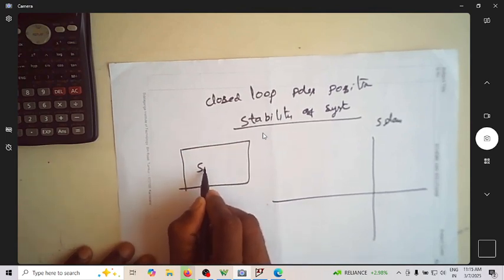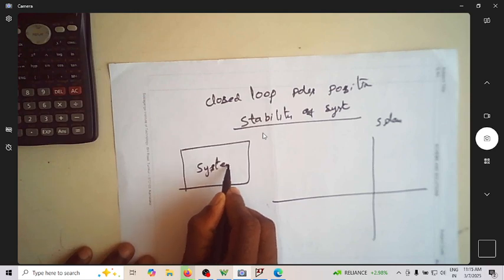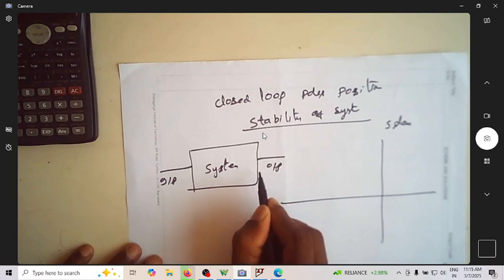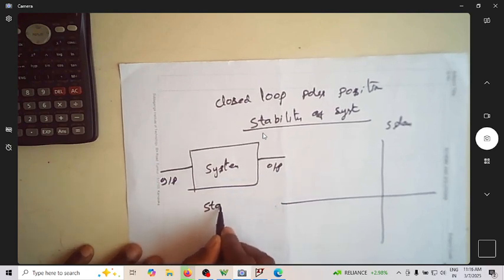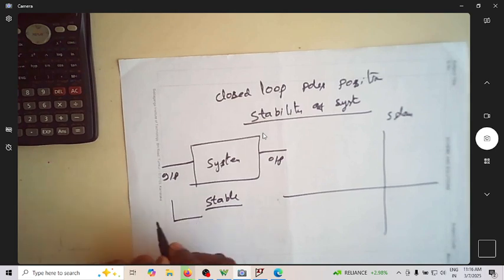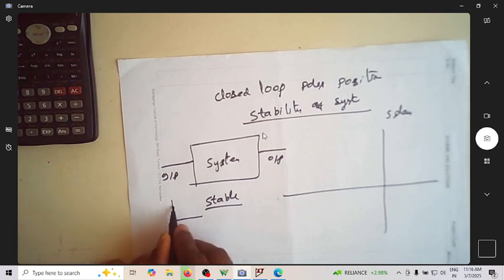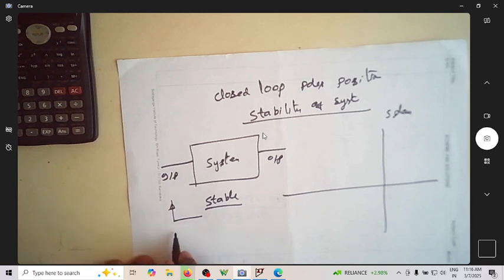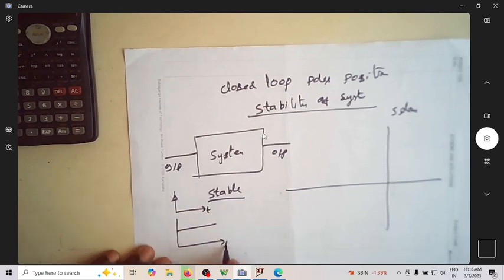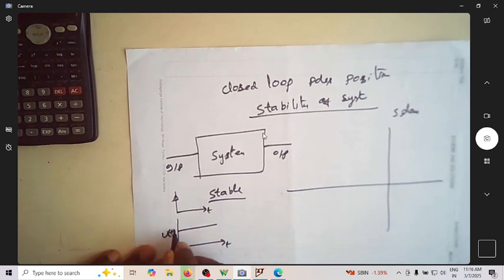So now you have a system with an input and an output. When do you say the system is stable? Maybe you have learnt in signals and systems. If you give a bounded input, a delta function is a bounded input and a step signal is a bounded input. This is with respect to time, this is u of t, this is delta of t.